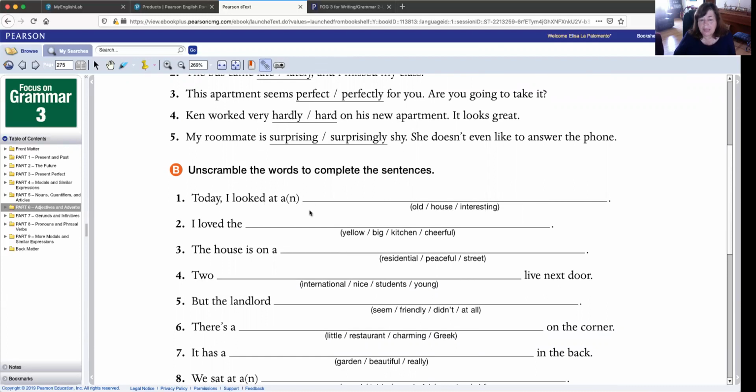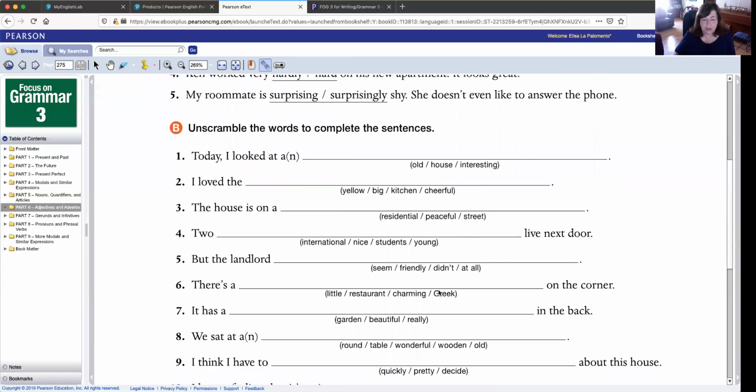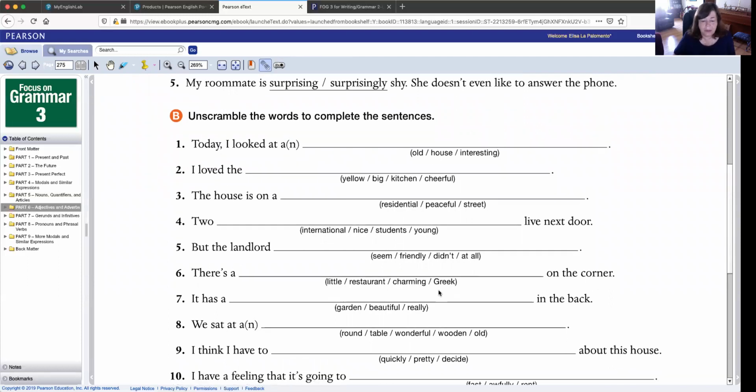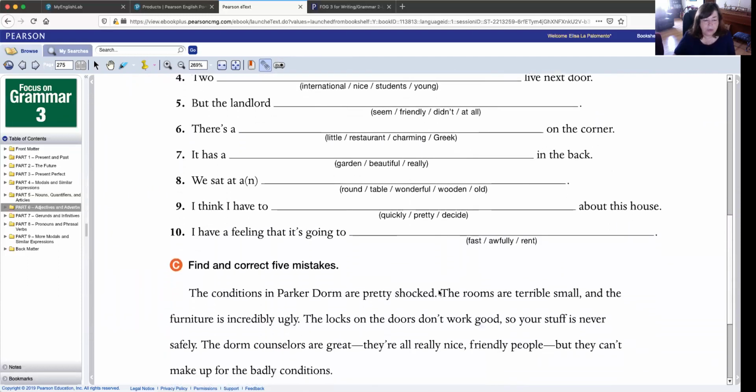So I looked at an interesting old house. They have the N there because it could be a or an depending on what the next word is. So here you have today I looked at an interesting opinion old age house. Okay. Do the rest of these and you could use that little chart, the opinion, size, etc. chart to help you put these in order.